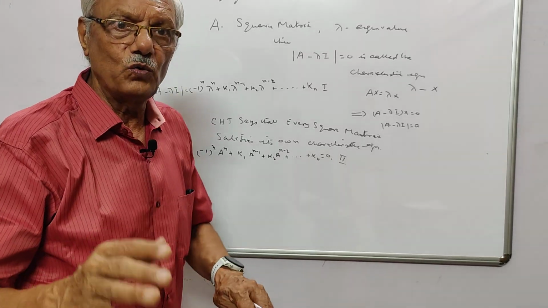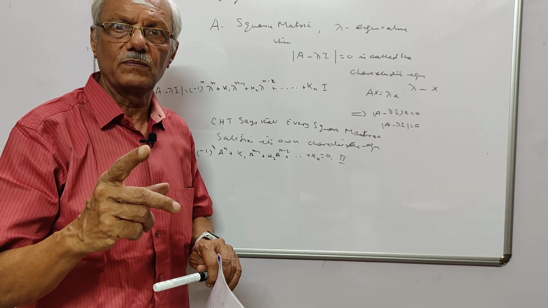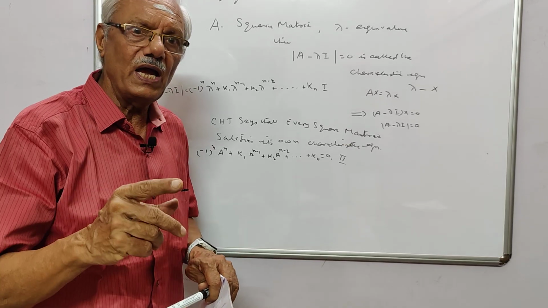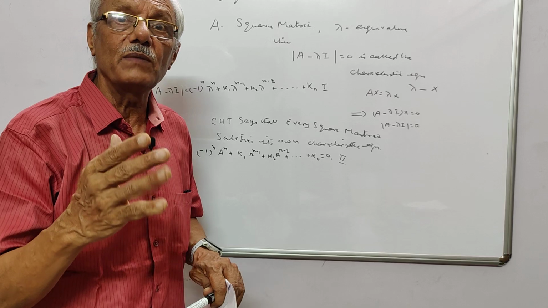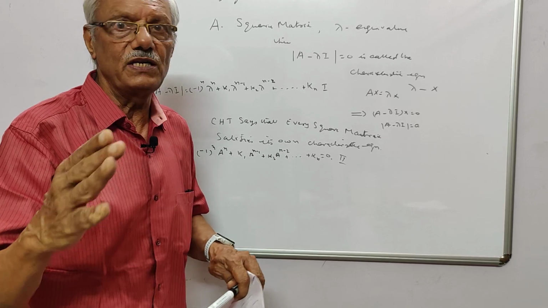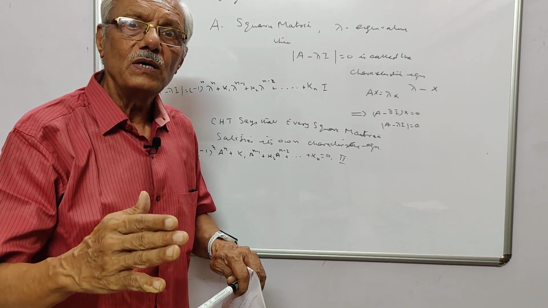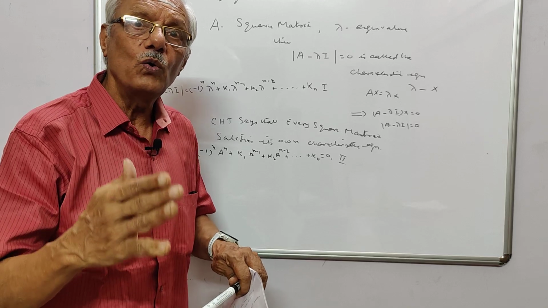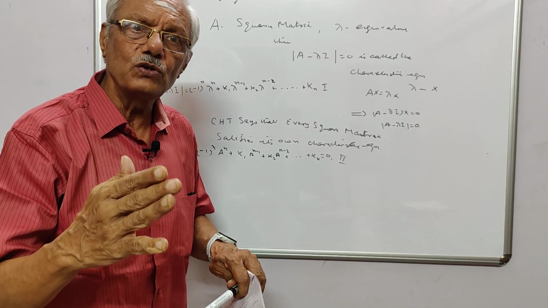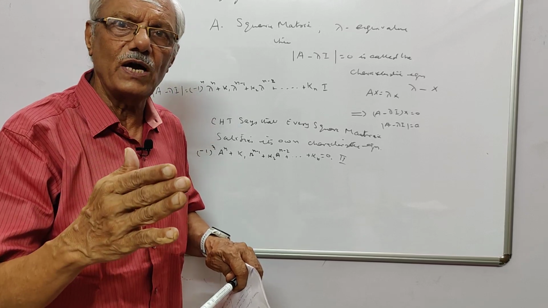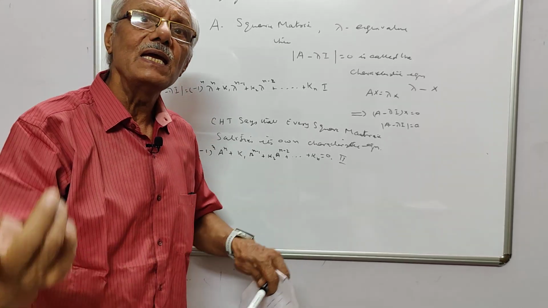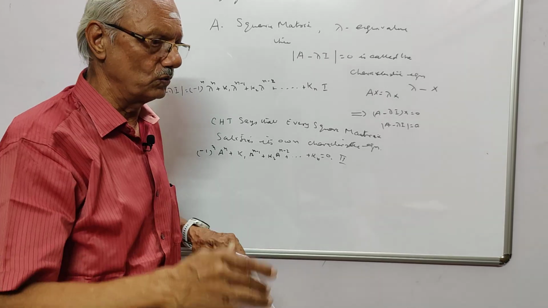As I told you, I will prove this theorem in the coming days, but today I will make you understand by verification only, and also make you understand how we get A to the power of minus 1, the inverse of a given square matrix, by applying the Cayley Hamilton theorem. That I will do.